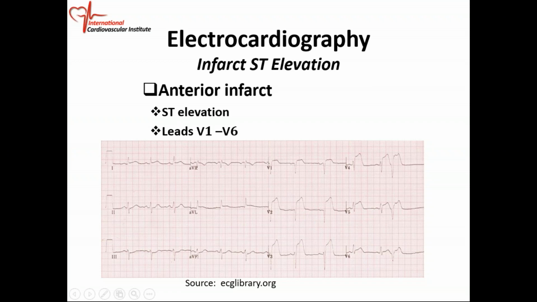If the ST segment elevation stopped at V3, then this would be an anterior septal. But if it goes all the way to V6, it's anterior lateral. So your anterior septal leads are V1 through V3, and your anterior lateral goes from V1 all the way to V5 and V6.